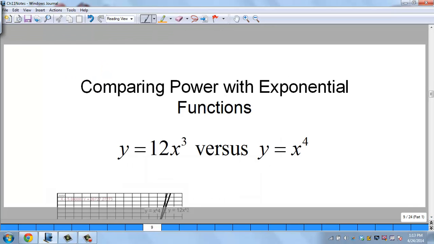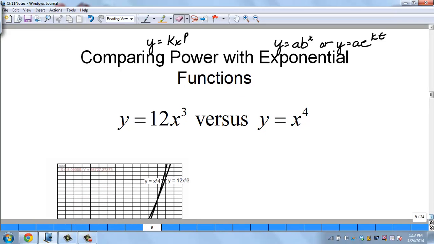The next thing, comparing power and exponential functions. So we already noticed power is y equals kx to the p, and then exponentials are y equals ab to the x, or y equals ae to the kt. All right, so you're very familiar with exponential. So I want to compare the two, and we're going to be talking about what happens with it. And we use the word domination, dominates.